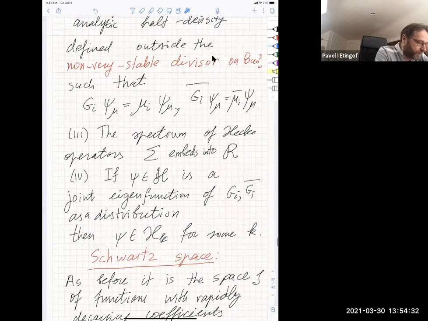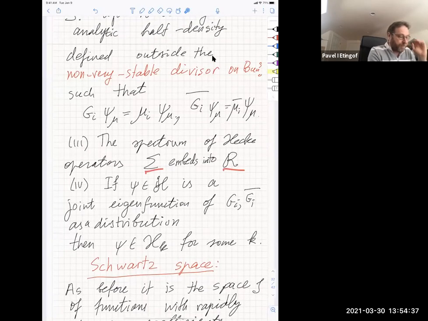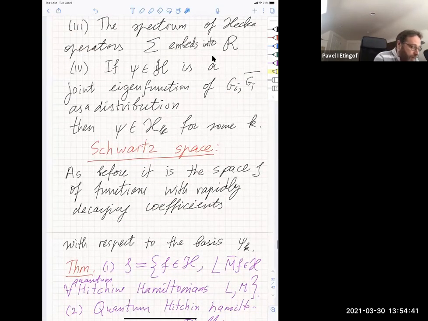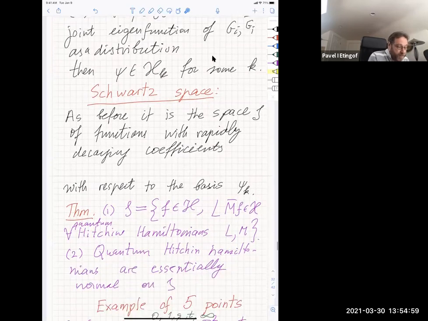So we were very close to showing that actually sigma equals R. And it can be done for 5 points, so I will explain that. Okay, now the Schwartz space. An important role in this whole business is played by the Schwartz space, which is, informally speaking, a space of functions with rapidly decaying coefficients with respect to this basis. But of course, you have to say what it means rapidly decaying.